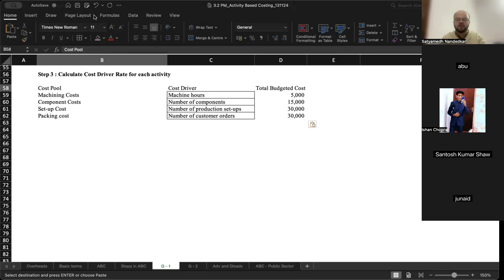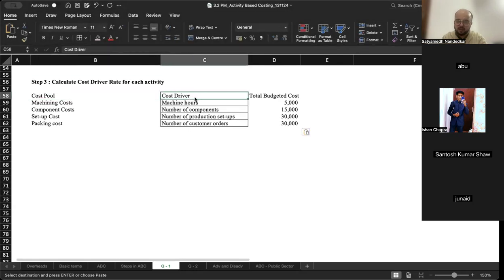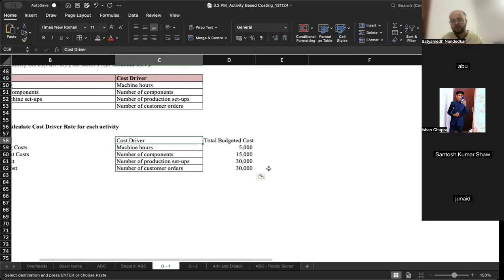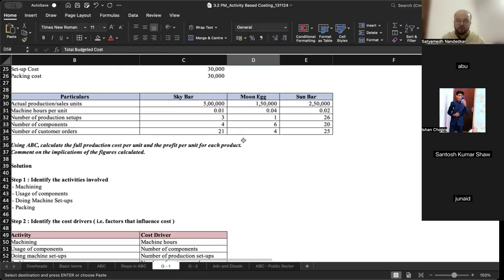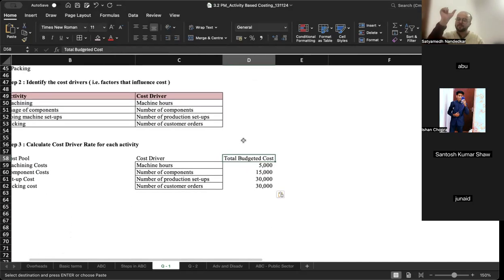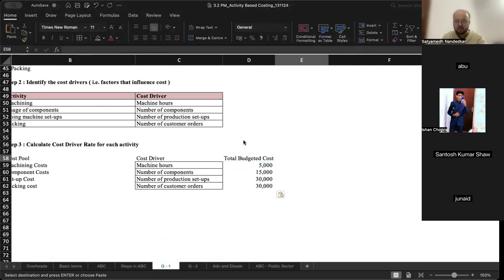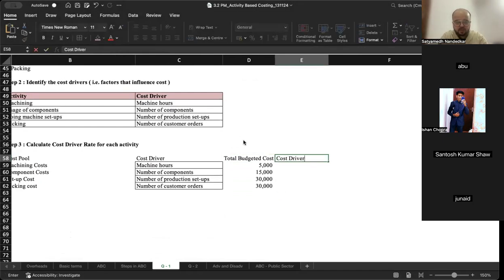Okay. So this is my total budgeted cost. Now I have my cost driver. How do I calculate my overhead absorption rate? Overhead absorption rate for me is budgeted cost divided by the cost driver units, right? So now I need the cost driver unit.